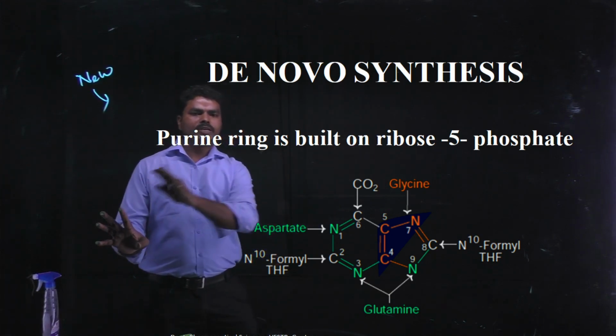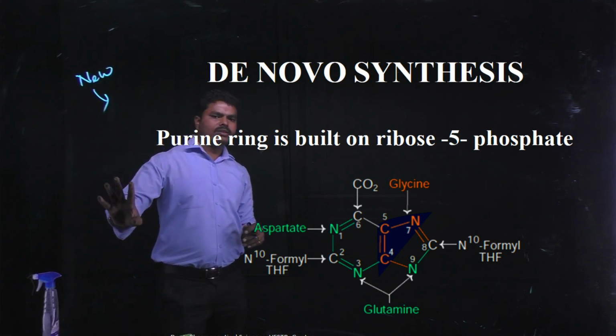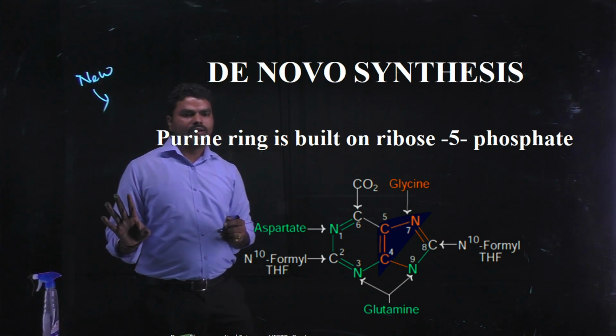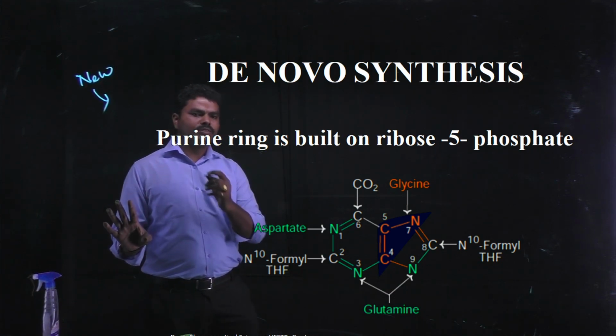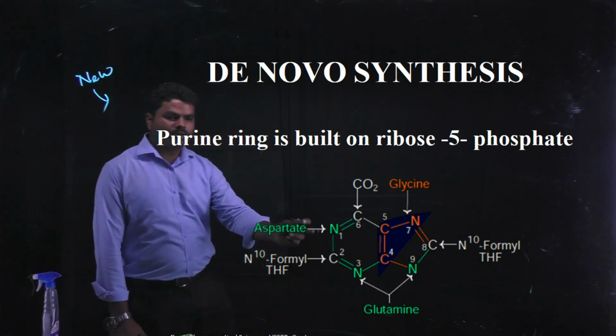Generally the bases present in purines are adenine and guanine. Okay, so these types of purine rings are built on the ribose 5 phosphate.